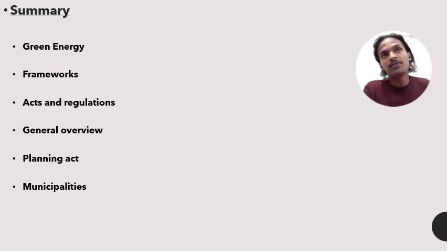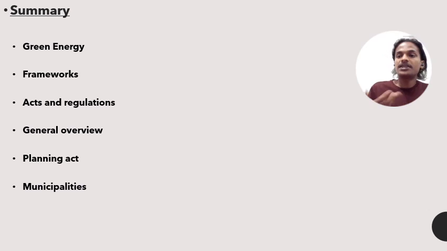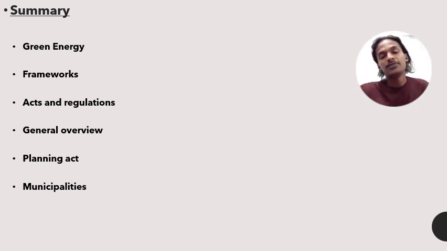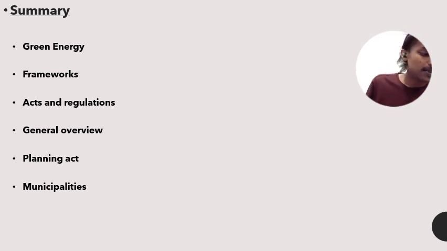And we went through the frameworks of green energy planning, what all acts were related to this, which act green energy planning was under before the Green Energy Act and Green Energy Repeal Act, and we discussed different types of renewable energy, and then we went through the frameworks and planning, what all power the Green Energy Repeal Act gave to municipalities, and we came across the general overview of the processes in green energy planning for getting approval for a renewable energy project.